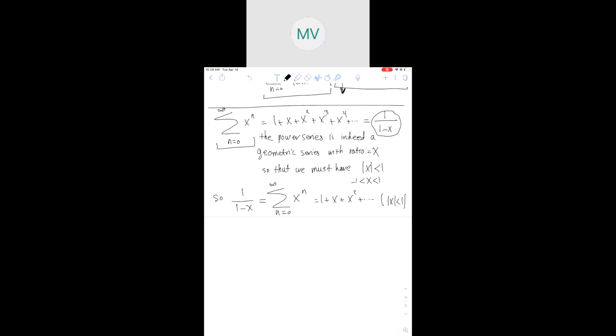One thing you can do is integrate to derive these power series. So, for example, integrate both sides.